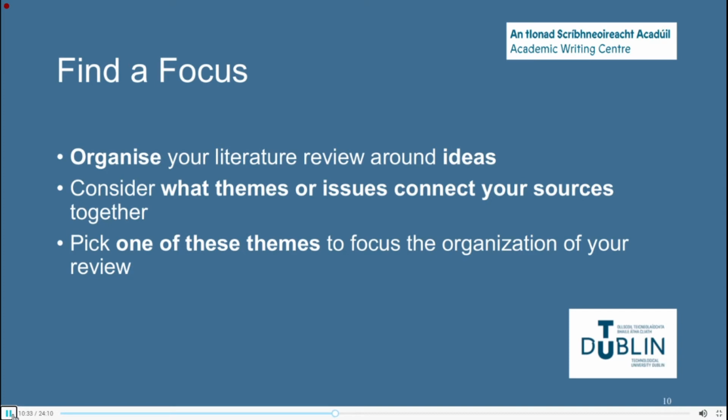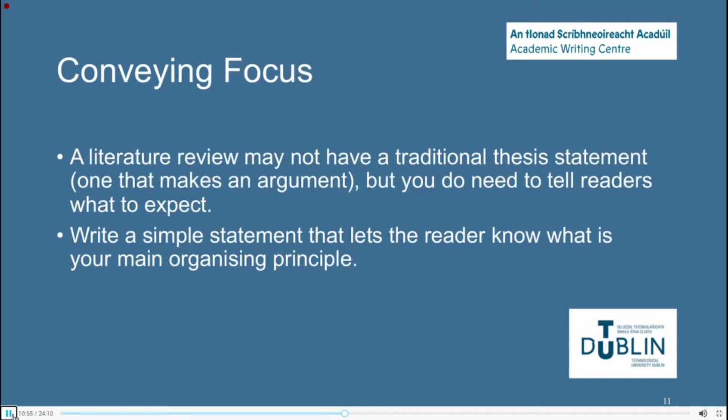Is there an aspect in the field that is missing? How well do they present the material? Do they portray it according to a relevant theory in the field? Do they reveal a theme in the field, or perhaps a trend in the field? Pick one of these themes to focus your review.